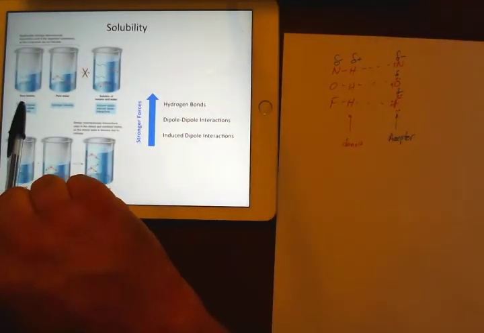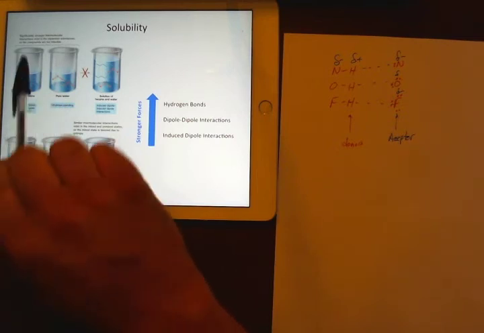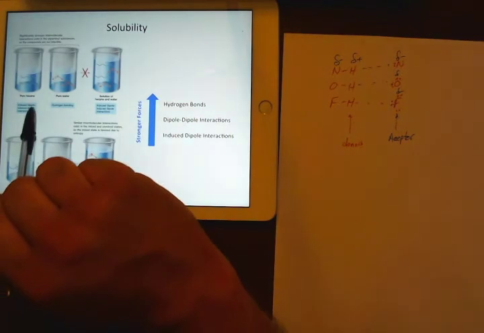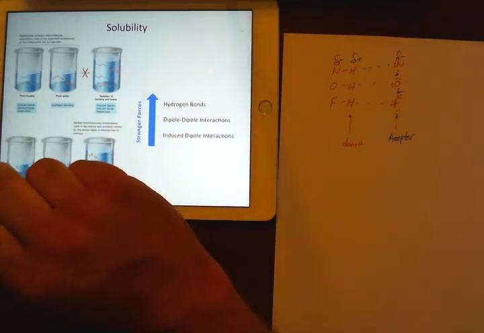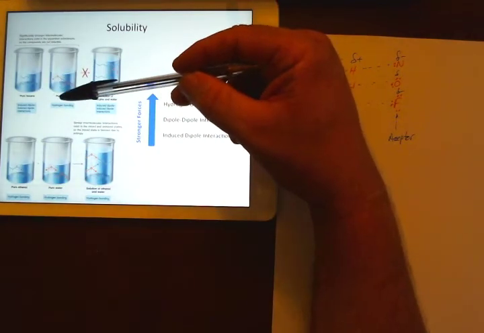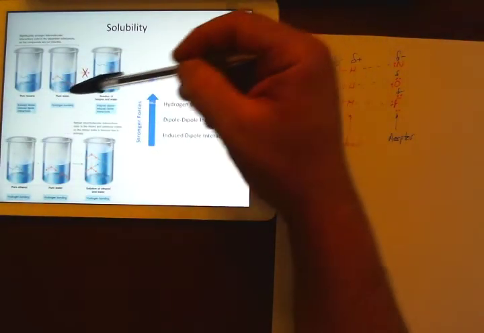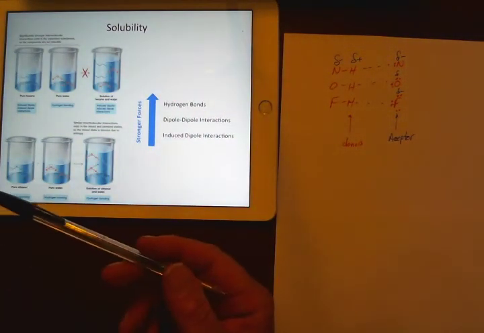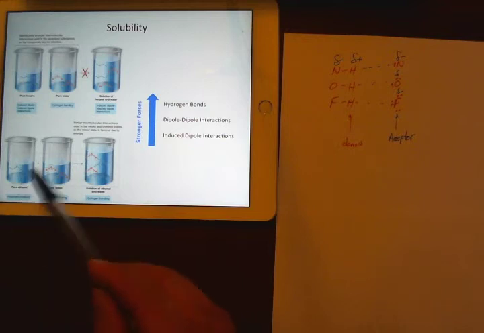Okay, so you have hexane and pure water. Hexane is a hydrocarbon, just a straight alkane. The only force you have is London dispersion forces. With water, you have hydrogen bonding. If you mix it together, you're disrupting the hydrogen bonding, so that's why they don't mix. But if you have ethanol and water together, they both have hydrogen bonding.